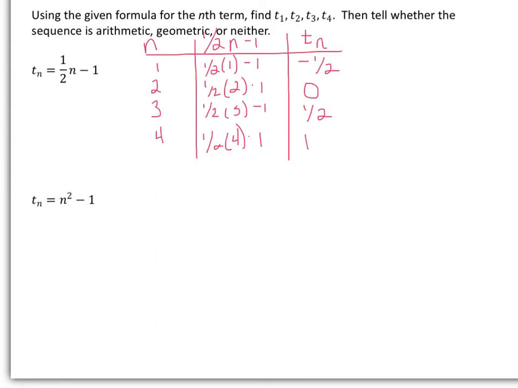So now I'm looking to see if there's either a common difference or a common ratio. My common difference here is 1/2, which means that it's arithmetic.